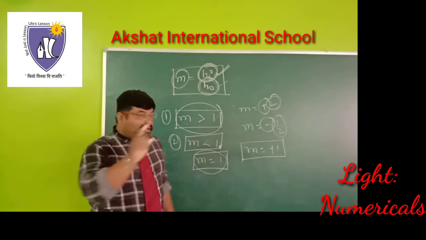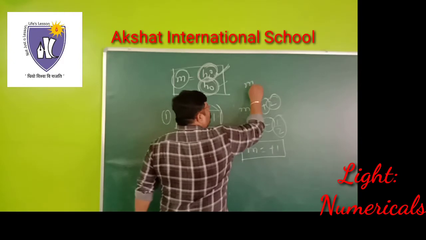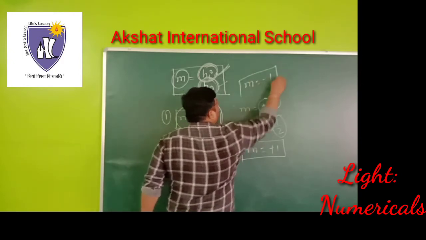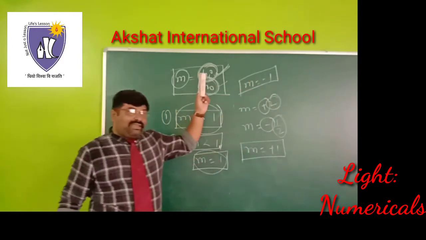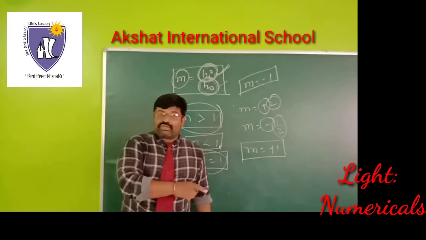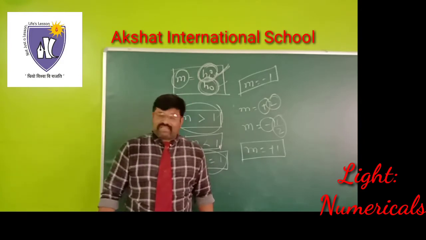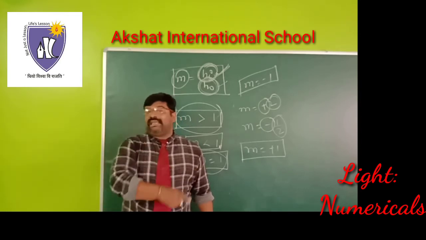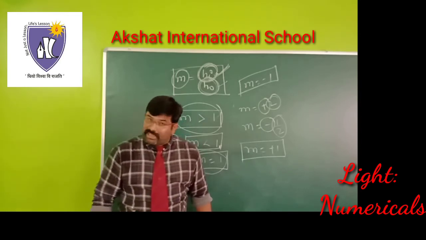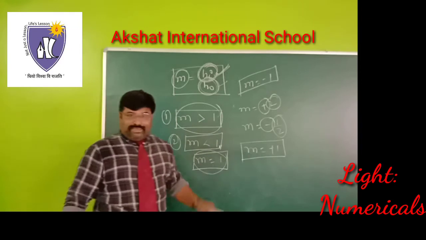That means if it is given m is equal to minus 1, it is representing the case in which the object is kept at the center of curvature in a concave mirror. Okay, I hope you got this point.